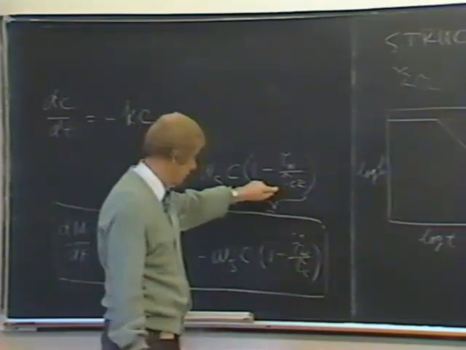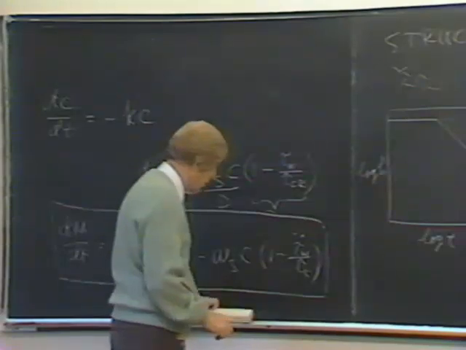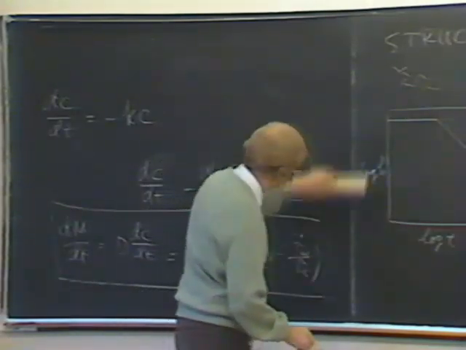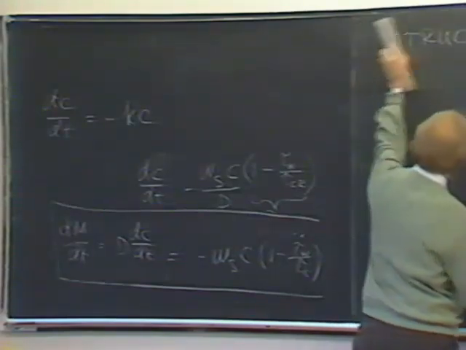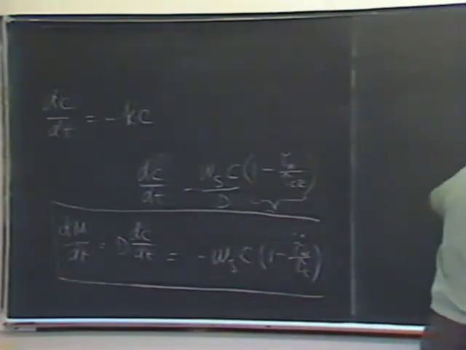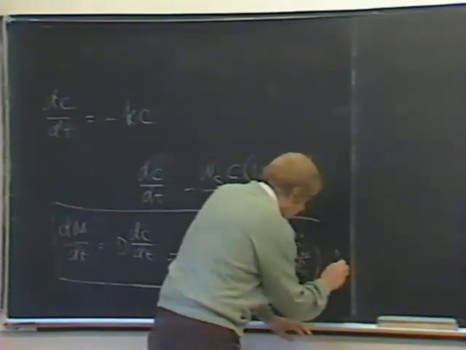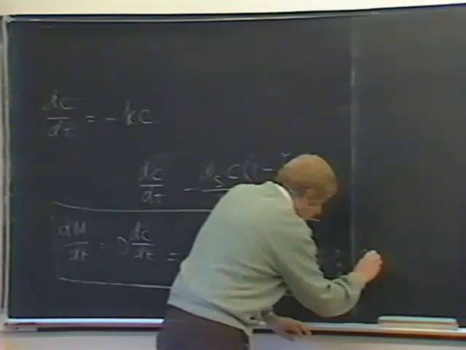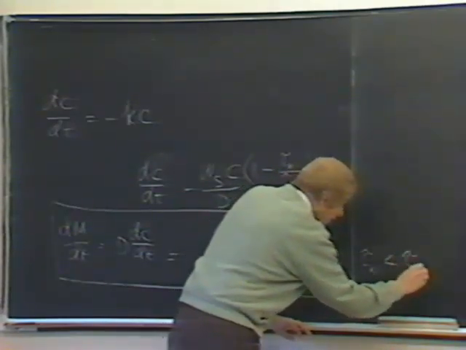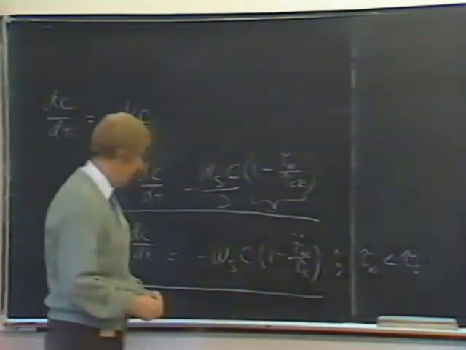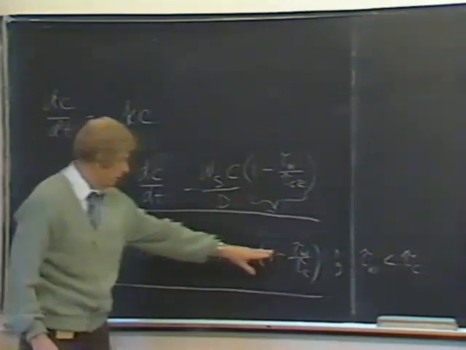So I'll write in here, semicolon, tau W less than tau critical. When tau W equals tau critical, the deposition is equal to 0, there's no deposition. Below that, there's a deposition rate.